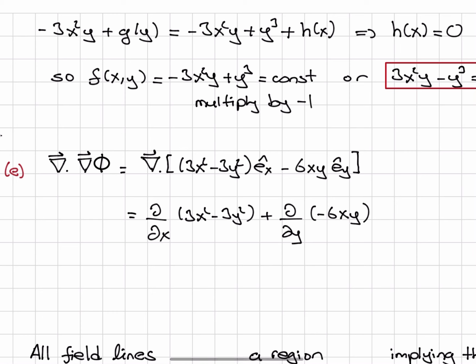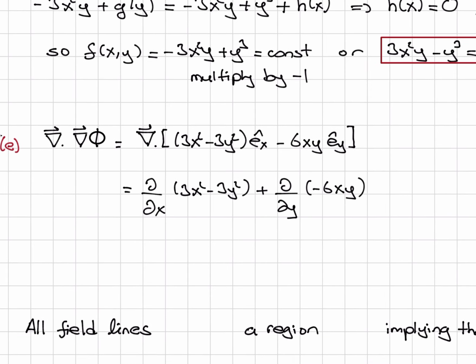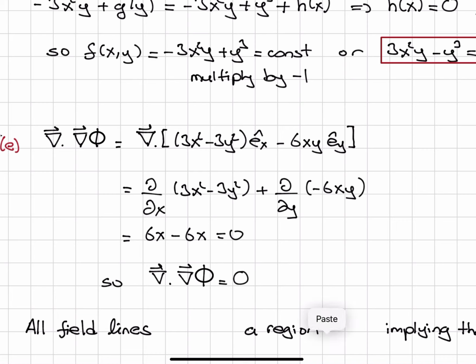So the derivative gives us here 6x, and this derivative gives us minus 6x, which is 0. So we find that the divergence of the gradient of our scalar potential phi is 0, as expected.